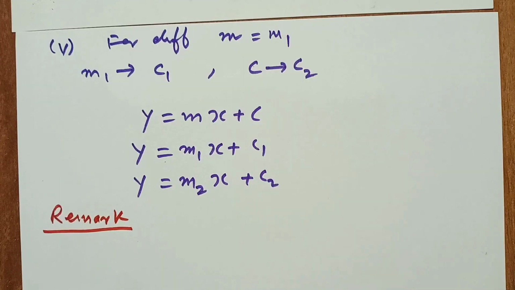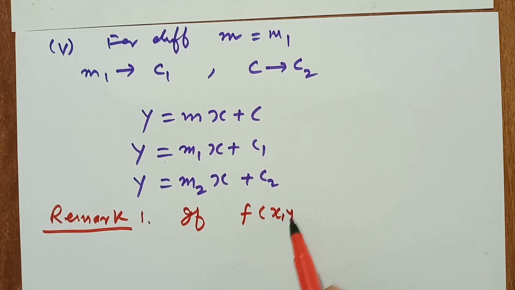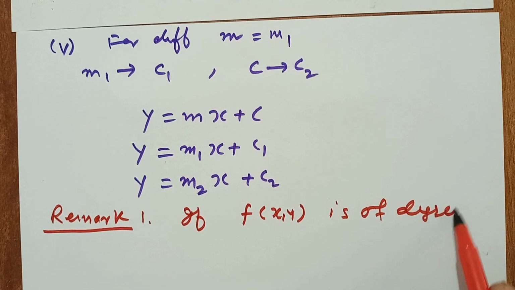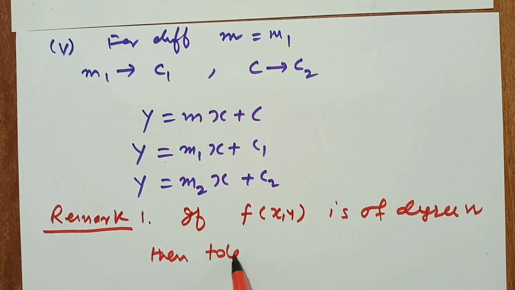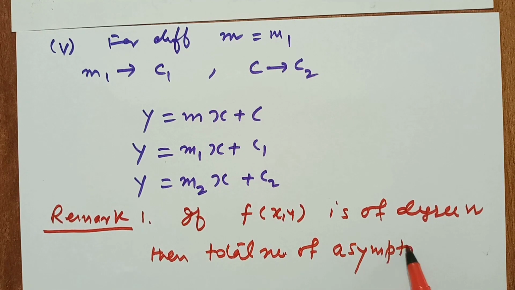So the first remark is, if the equation of the curve f(x,y) is of degree n, then the total number of asymptotes are n.